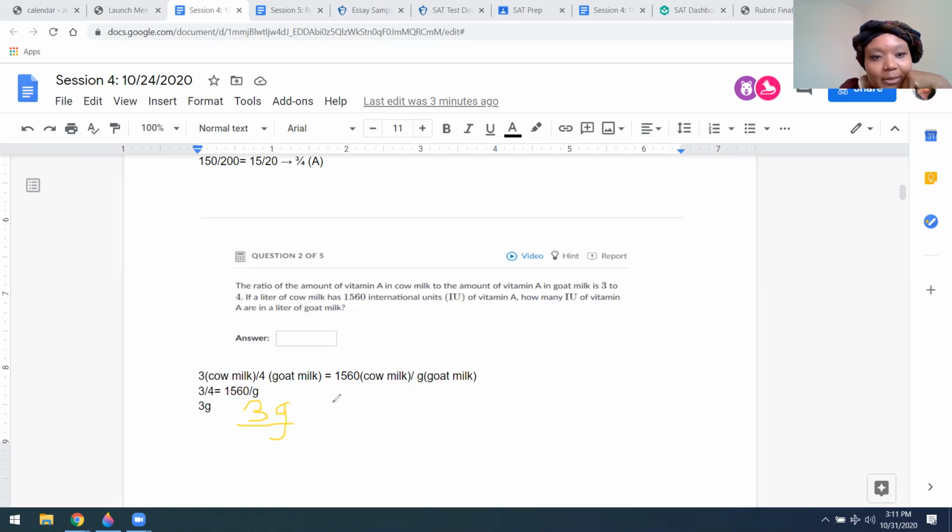Okay, ML. You guys can all see that? Okay. So this is what you were telling me, right? We cross multiply, now we have 3G. So what is the rest of this cross multiplication?